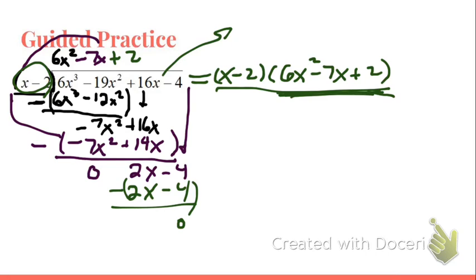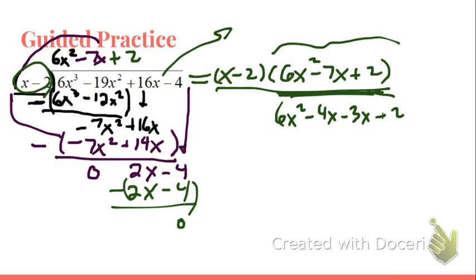Now it just so happens that this particular quadratic, 6x squared minus 7x plus 2, can be factored because there are 2 numbers that multiply to 12 and add to negative 7. So if we wanted to completely factor this now, we can break up 7x as negative 4x minus 3x, and then factor by grouping.